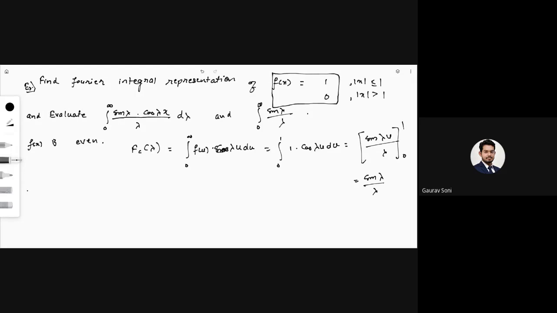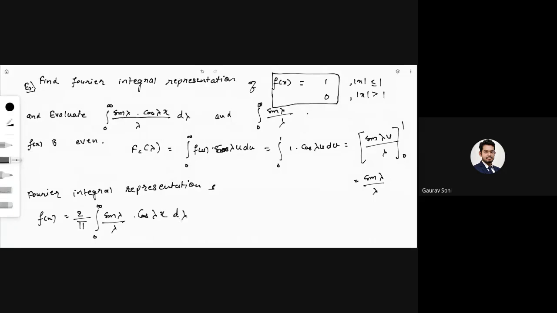So the Fourier integral representation is f of x equal to 2 by pi integral 0 to infinity sine lambda by lambda cos lambda x d lambda.